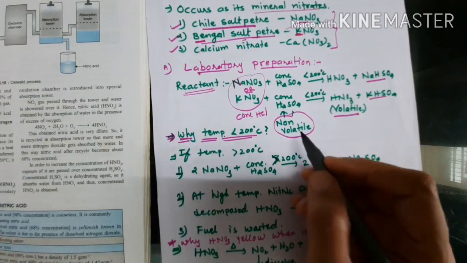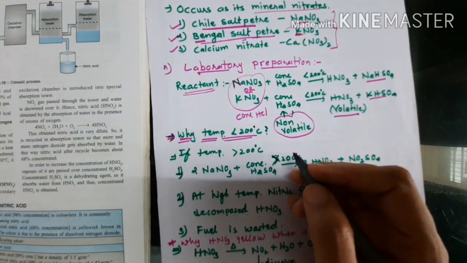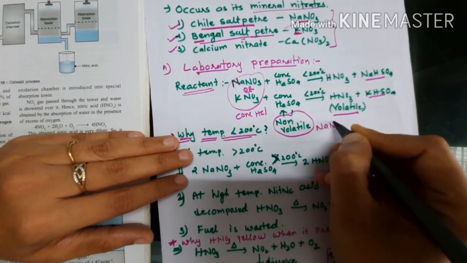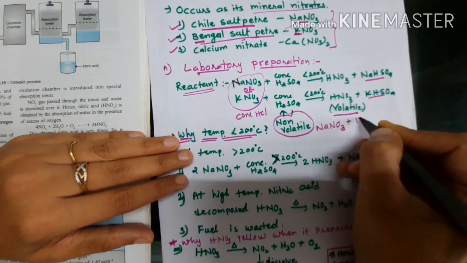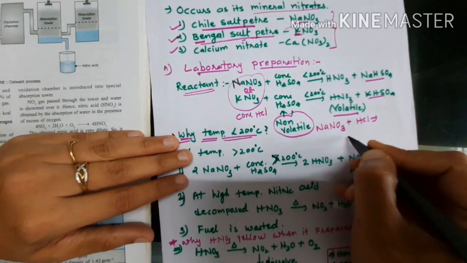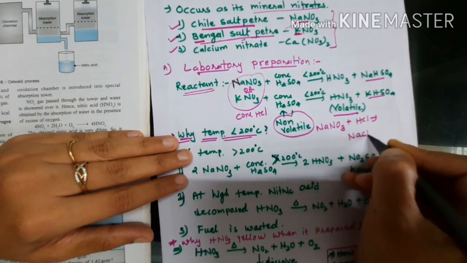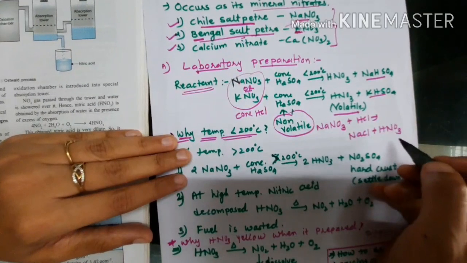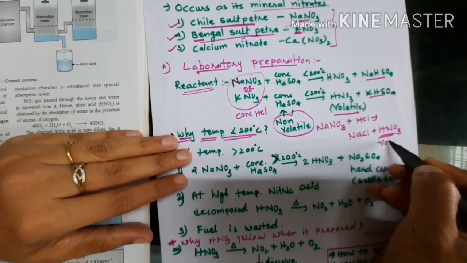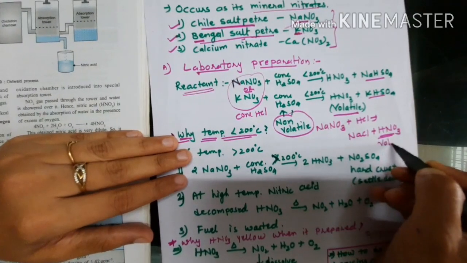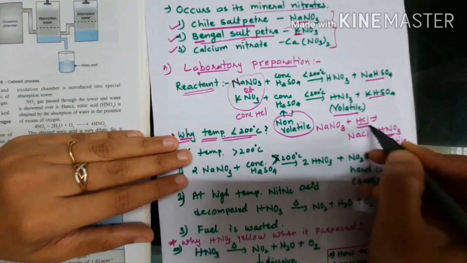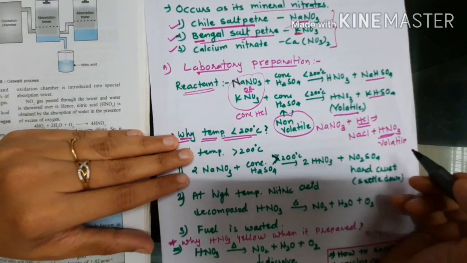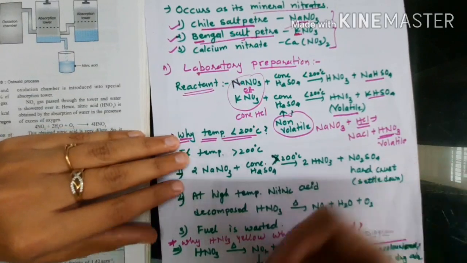Also, if we use HCl, let's see which product will be formed: NaNO3 plus HCl gives NaCl plus HNO3. Here HNO3 forms, but this HNO3 is volatile, it is converted into vapor, and HCl is also volatile.